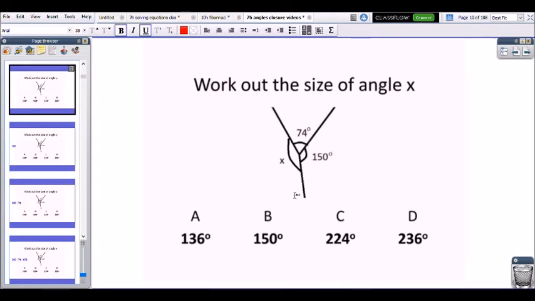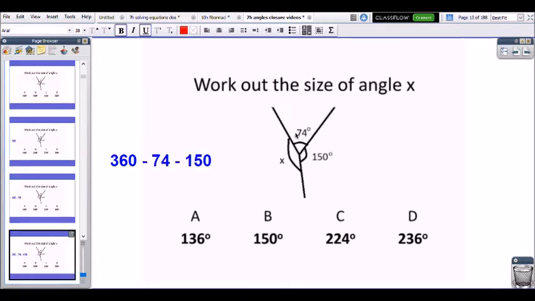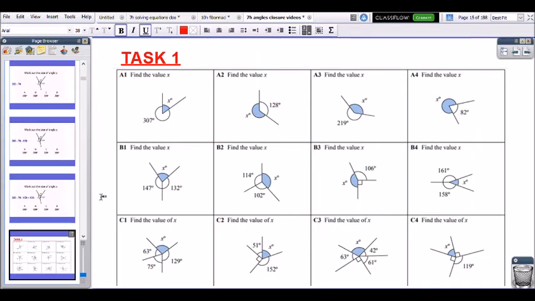So let's start off with 360 degrees. We're going to take off 74 and then take off 150, and that will give us 136 degrees. So our answer is A. At this stage in the video, please can you pause and try task 1 on the worksheet that I've attached for you, please.